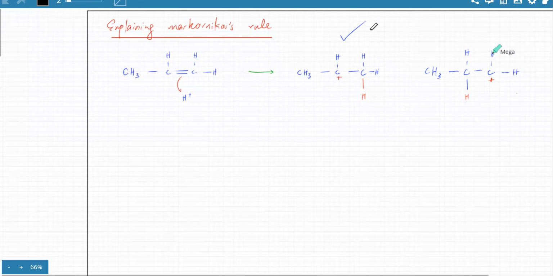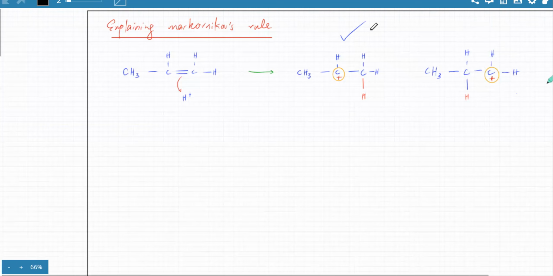So the issue is, why is this more likely to be formed? And the answer to that is that you have to go into a bit more detail. If you look at both of these carbocations, they're not exactly the same.